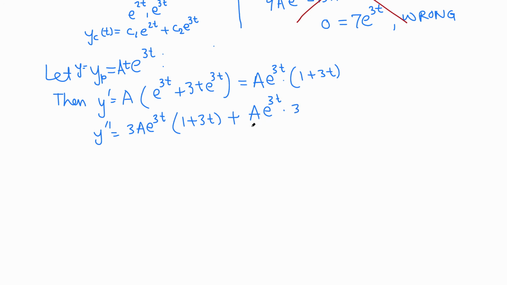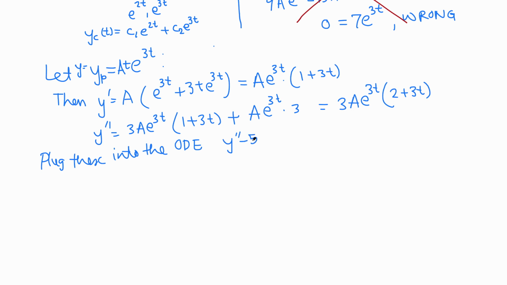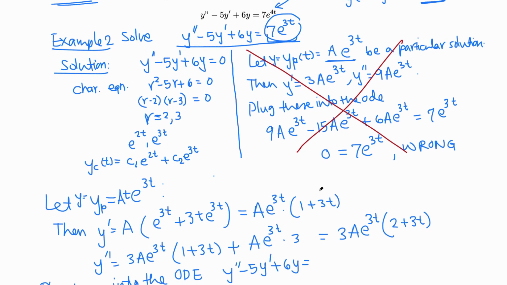We can simplify this as well: 3a e^3t can be factored out, leaving 1 plus 3t plus 1, so 2 plus 3t. Now plug these into the ODE, which was y double prime minus 5y prime plus 6y equals, in our example 2, 7e^3t.